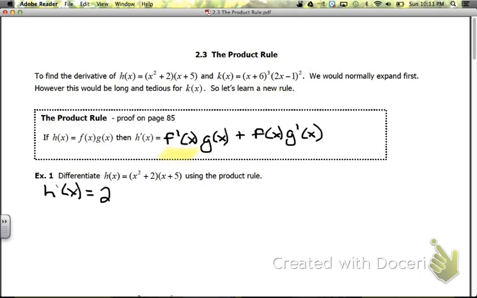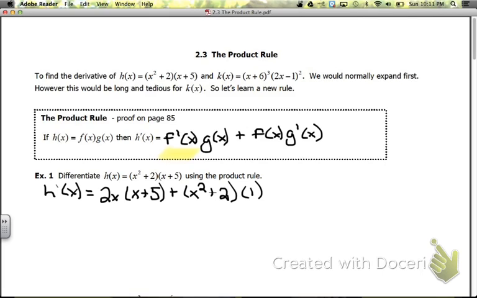So this is just going to be equal to 2x, multiplied by our original g of x, x plus 5, plus our original f of x, so x squared plus 2, times the derivative of our g of x, which is just going to be 1.